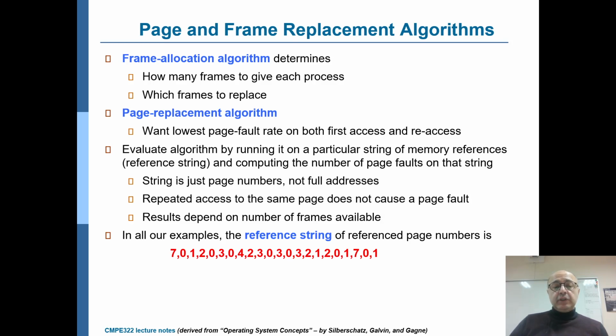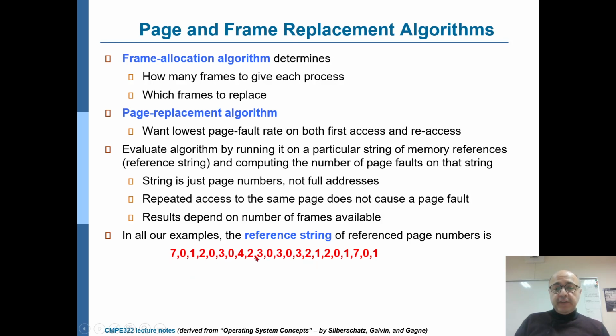And to do that, what you do is you generate some page access sequence, which is actually a sequence of page numbers to which you're accessing, and evaluate the performance of alternative page replacement algorithms for the same, what we call, reference string.